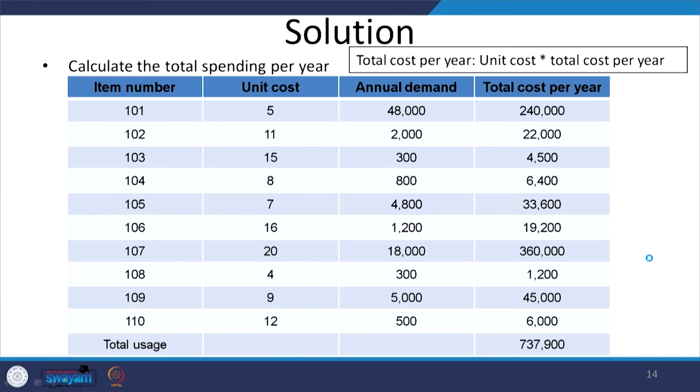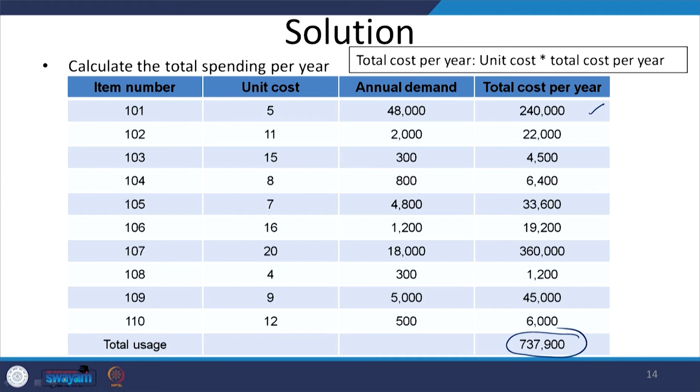These are the different items from 101 to 110 with the unit cost and annual demand. We have multiplied the unit cost with the annual demand, and this is the total cost coming per year. Now, you have this last column of this table where the total cost per year is available, and this is the sigma value of total cost per year.